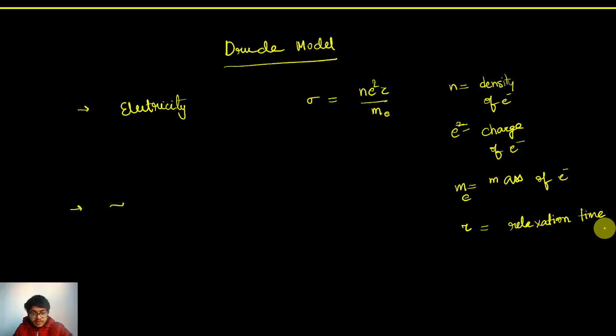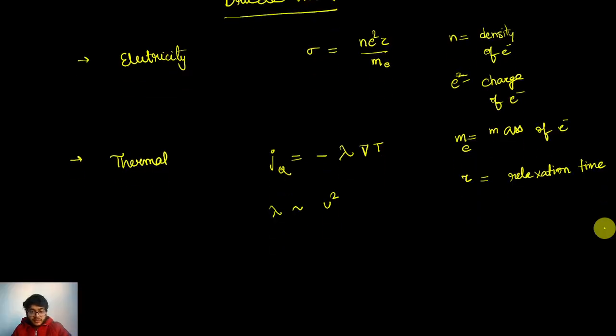And for the thermal conductivity, we also saw that J_Q, or the current of heat, is proportional to something, lambda, and grad T, the gradient of temperature, right? We also derived a formula for lambda, which was proportional to v squared, and combining all of that, we got that kappa, or lambda, versus sigma was proportional to T, which was equal to LT.